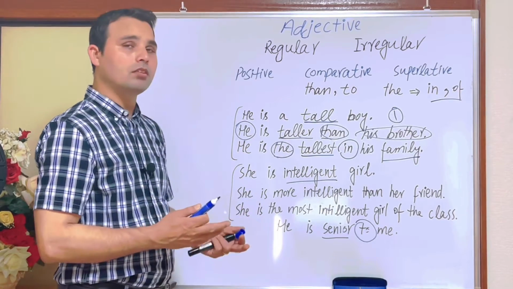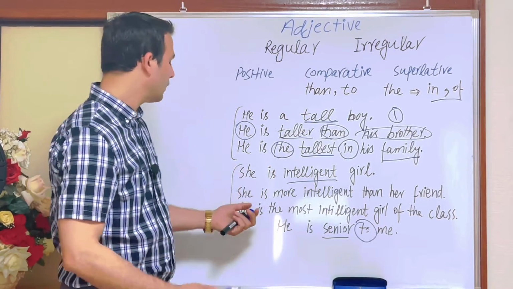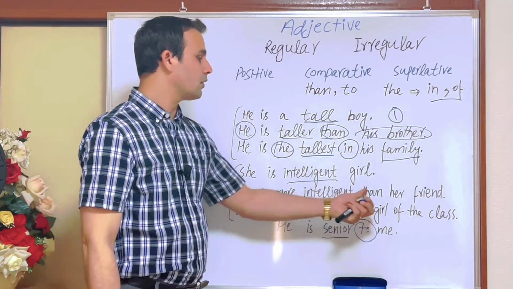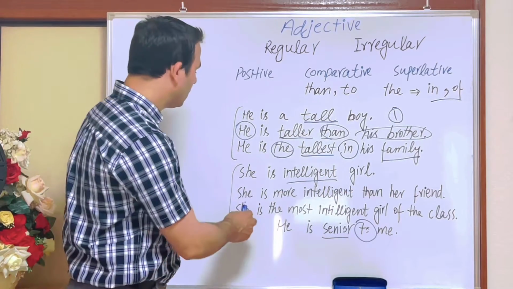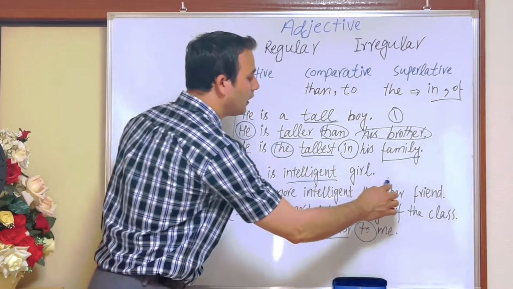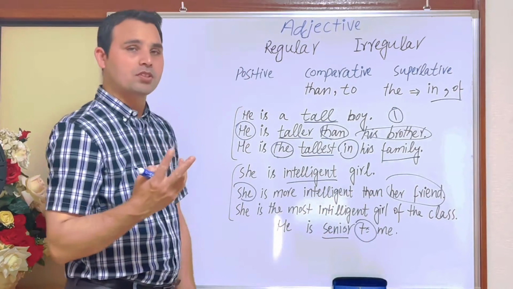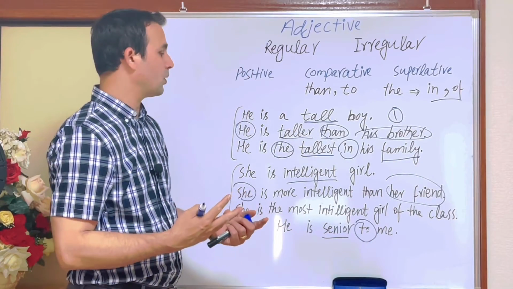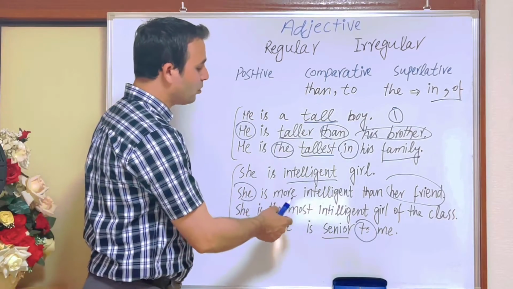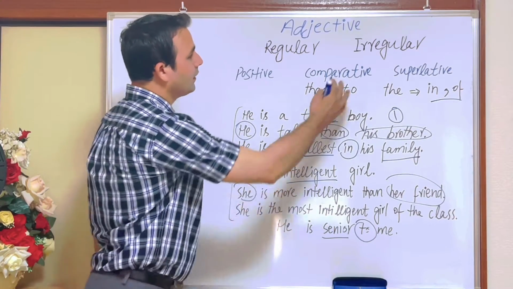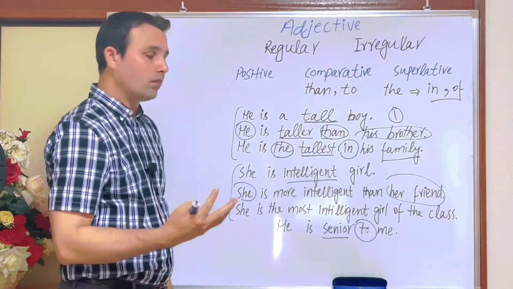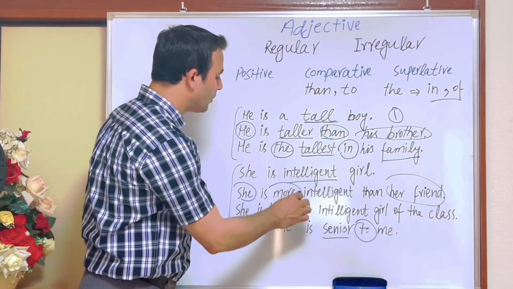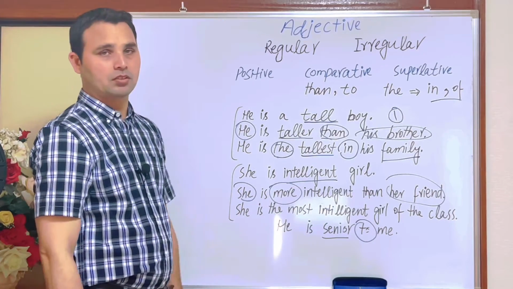For comparison between two persons, like she is more intelligent than her friend. Now, she and her friend, there are two persons. Now we are going to compare. When you are going to compare with the irregular adjective, you have to use the word more.